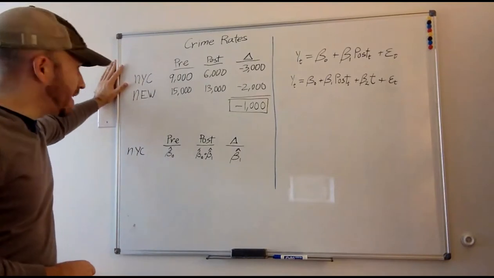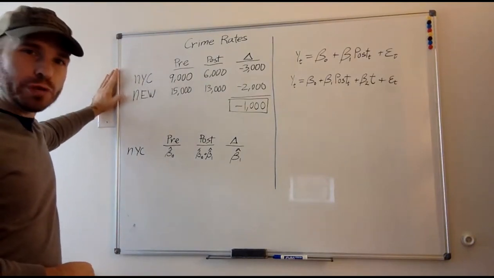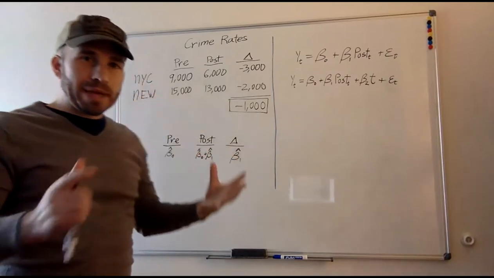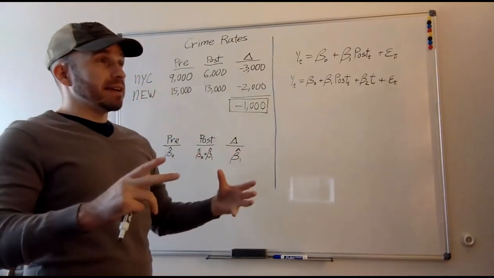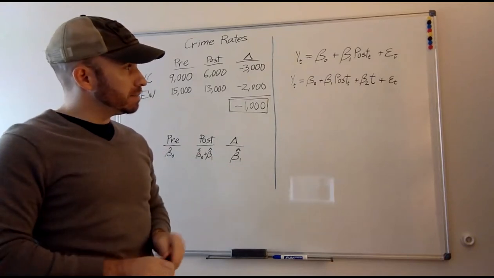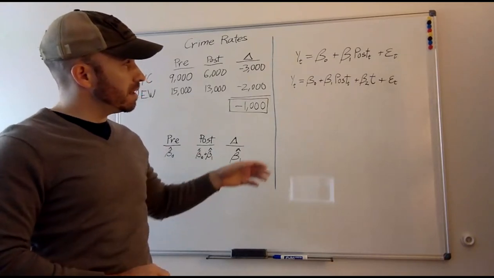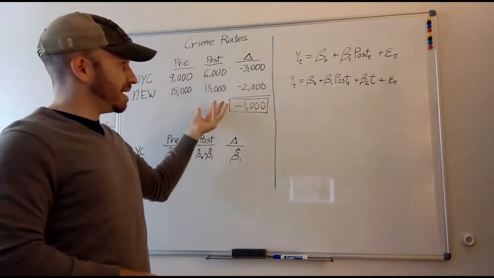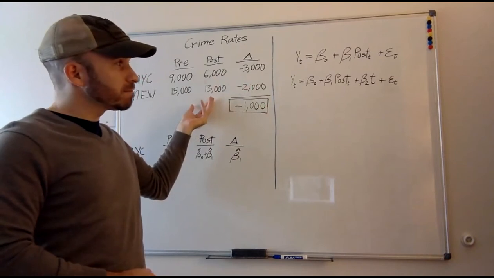this is the basic idea with just two different cities, right? We could expand this idea, and this is often what we are doing in a difference in differences strategy, to many different treated cities and many different untreated cities, right?